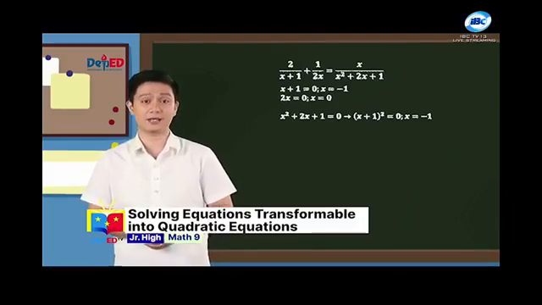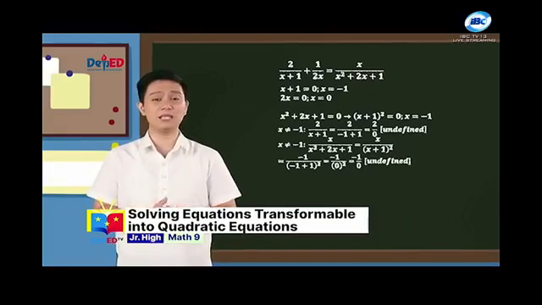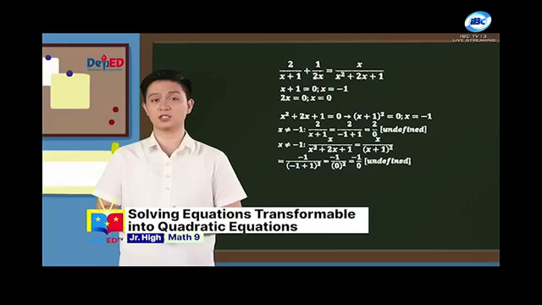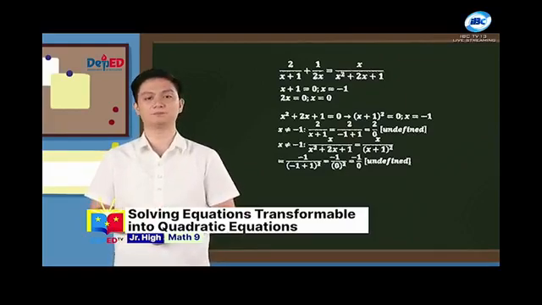Therefore, x here is negative 1. So it means that x can't be negative 1 because 2 over x plus 1 and x over the trinomial x squared plus 2x plus 1 will be undefined.